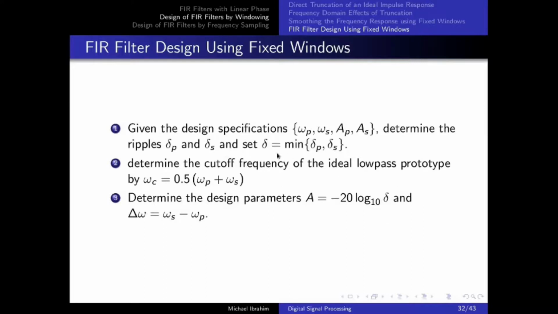If delta s is the minimum one, this new A will be equal to AS. If delta P is the minimum one, the new delta will give us a new stop band attenuation. And also we can define the width of the transition band delta omega to be omega S minus omega P.